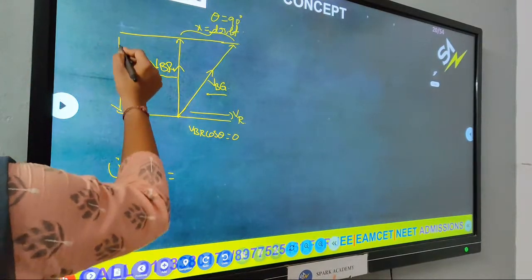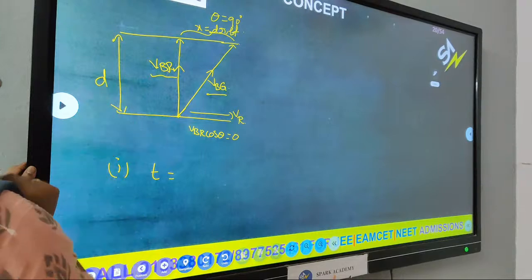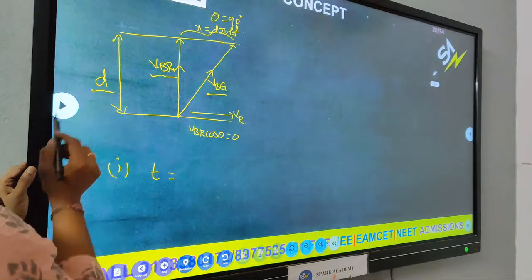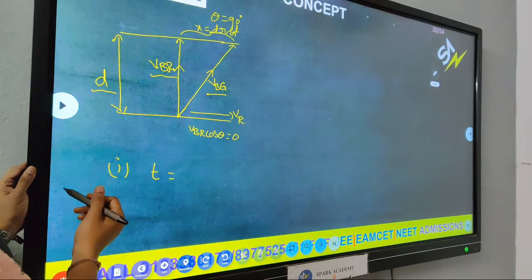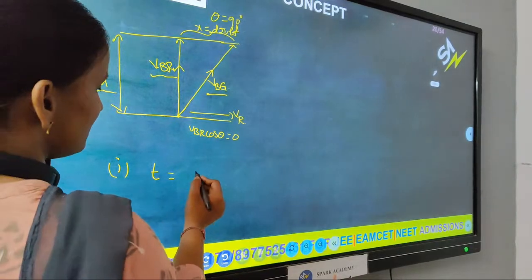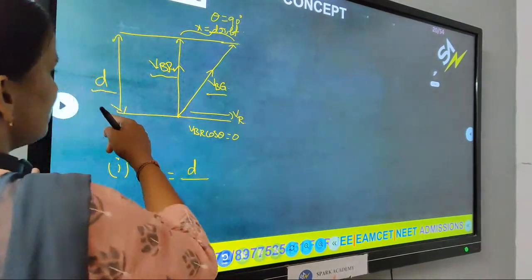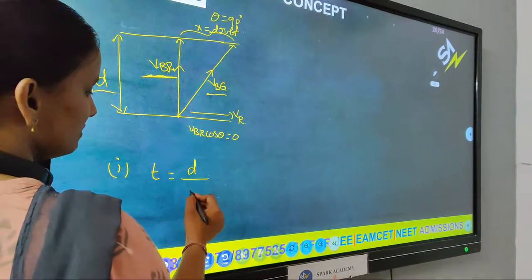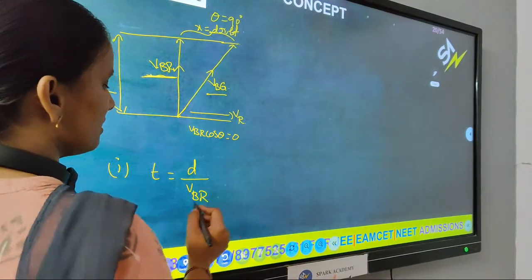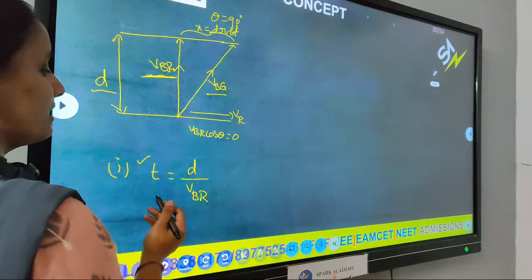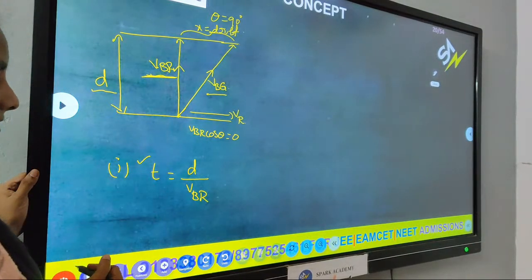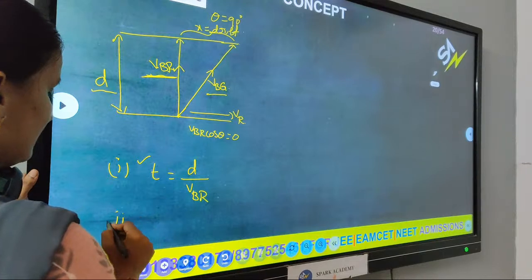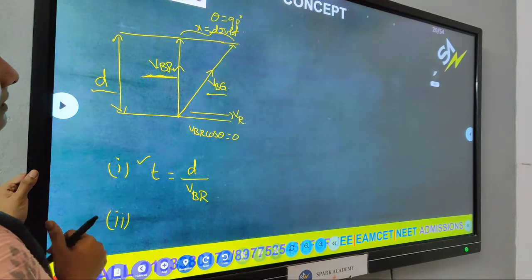Let us take the distance between the banks, the distance he needs to travel to reach the opposite bank. That is t equal to distance by velocity, and this velocity is VBR. So this is the minimum time taken to reach the opposite bank.